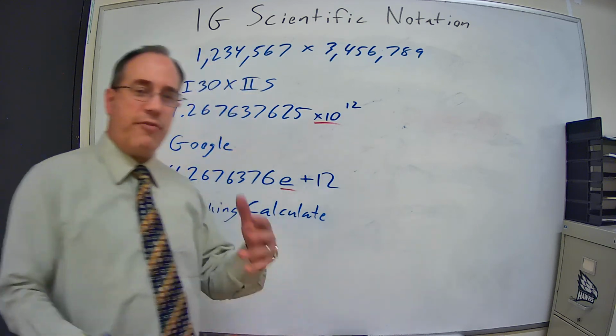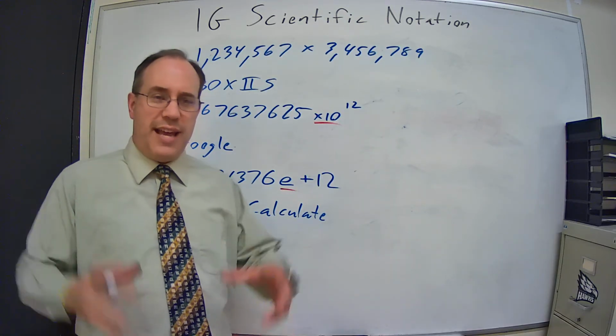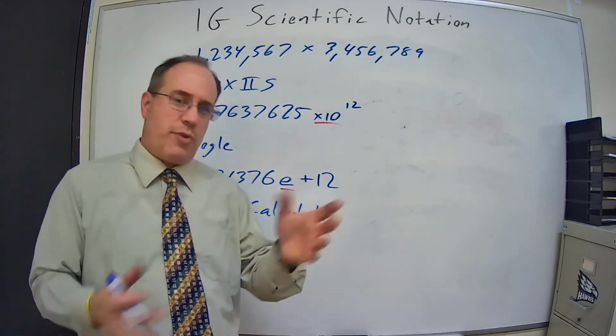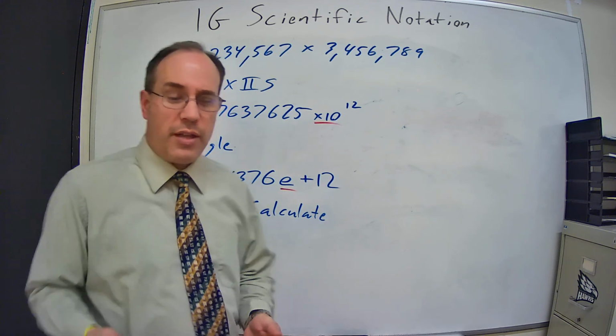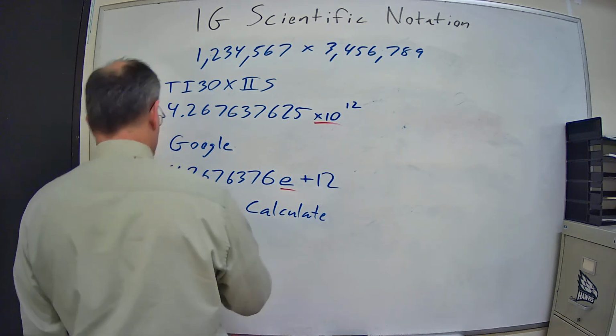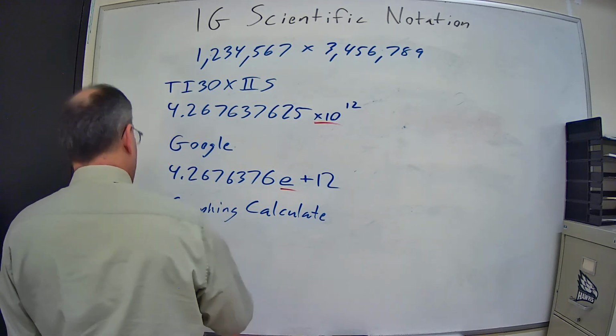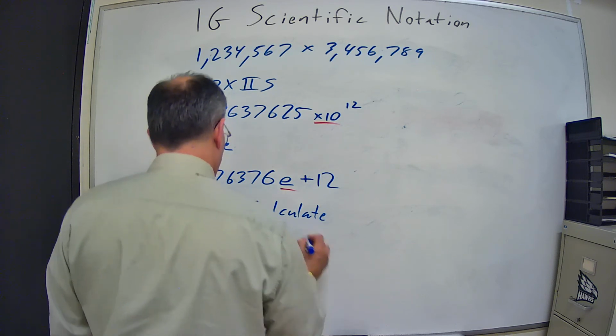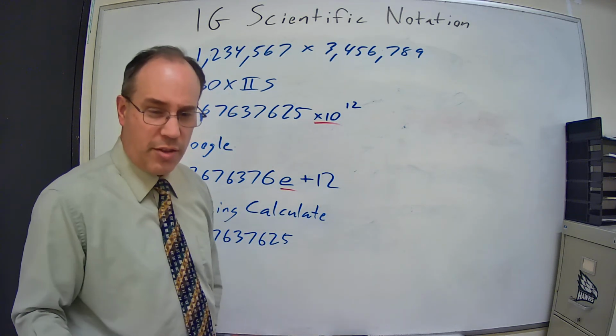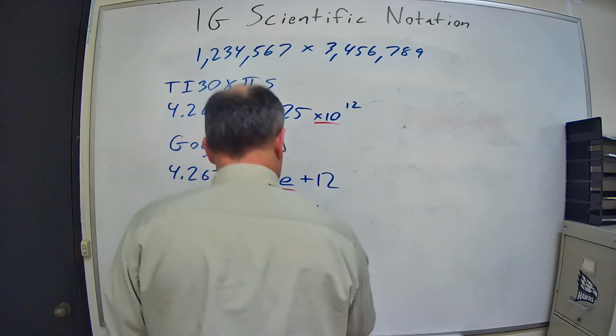Well, what if I go to a graphing calculator? You know, one of those big fancy calculators that has the big screen and can do all sorts of graphs and everything else. Well, if I plug it into a graphing calculator, then I get 4.267637625, just cheating and looking, 36.